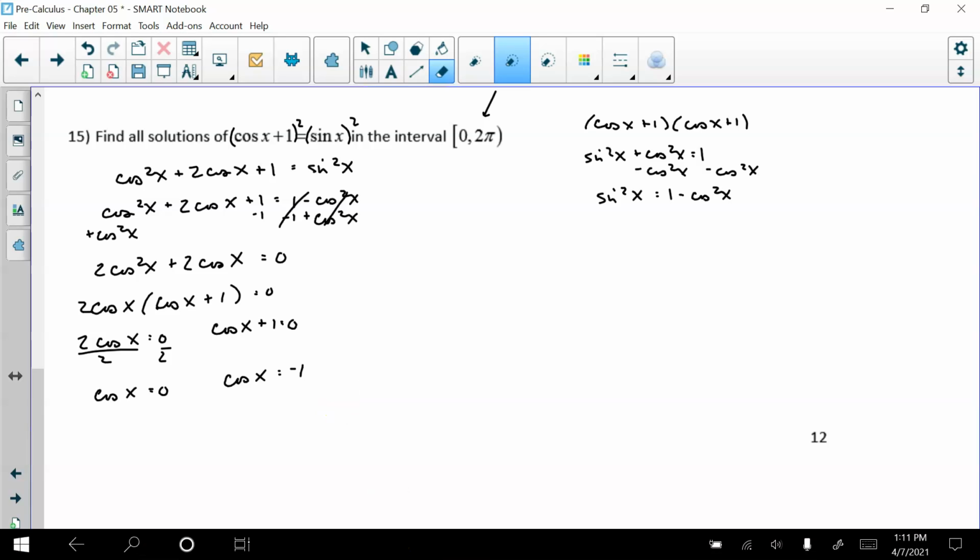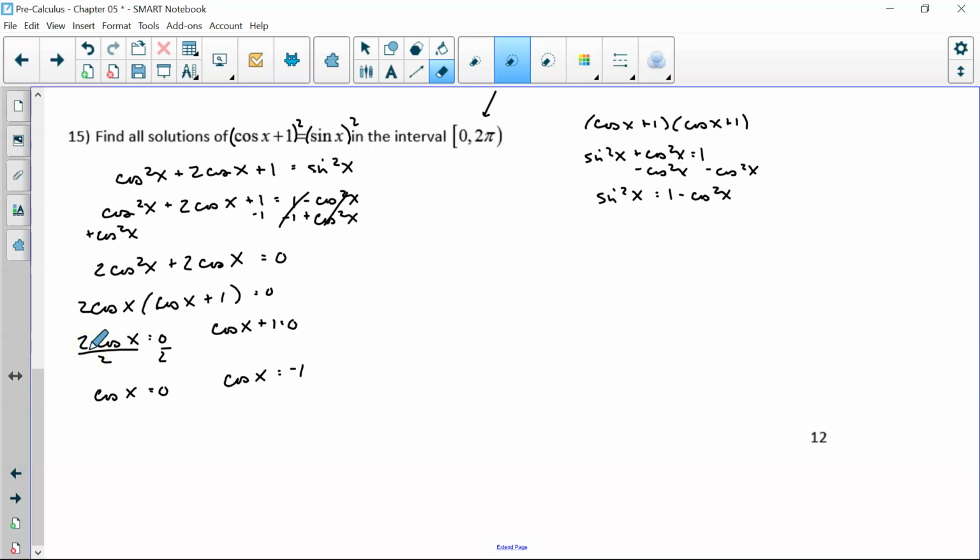Now, cosine of x equals 0 at our quadrant angles. That's going to be when x is pi over 2 and 3 pi over 2.